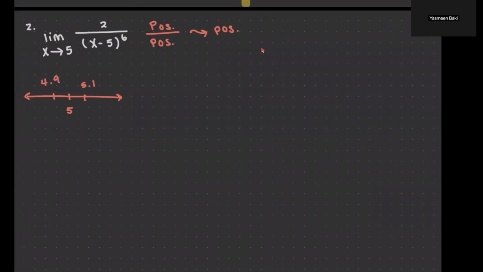So if we did 4.9 minus 5, well, that's negative, but to the power of 6 is positive. 5.1 minus 5, well, that's positive, and I raise it to the power of 6, still positive. X minus 5 is going to go to 0 as x approaches 5 from either side. So this is going to be 2 divided by a small positive number. This small positive number is approaching 0. So what should the limit be here? Well, it's going to be positive infinity.